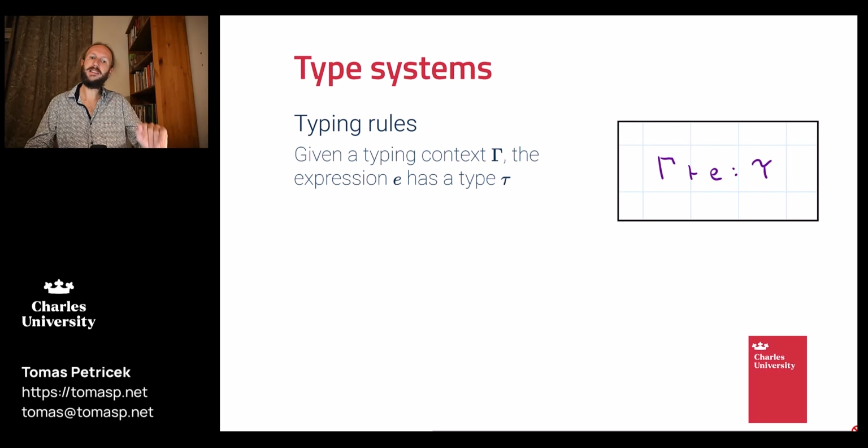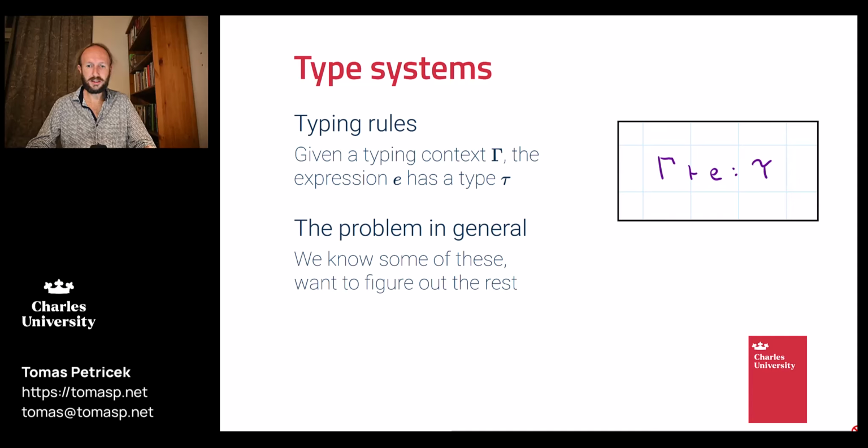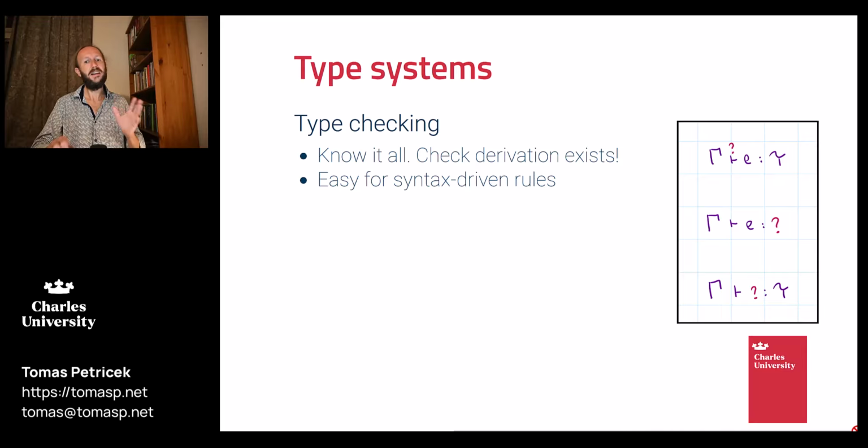So type systems are specified using these rules. And interestingly, you can think of type inference as one of the possible cases of this very general problem where we know some of these things and we want to figure out the rest. And it turns out that they actually give us quite a lot of interesting options. The most basic thing is we know everything.